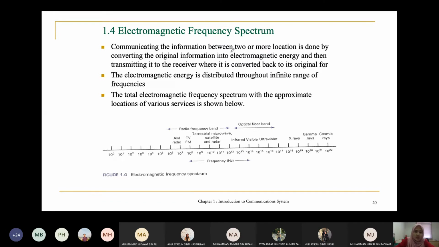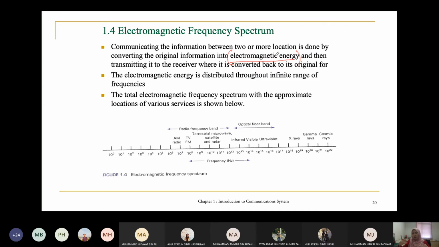So that's why it is stated here, communicating the information between two locations is done by converting original information into electromagnetic energy, then transmitting to the receiver and converting it back to the original signal. From original signal to electromagnetic energy, that is the function of the modulator.